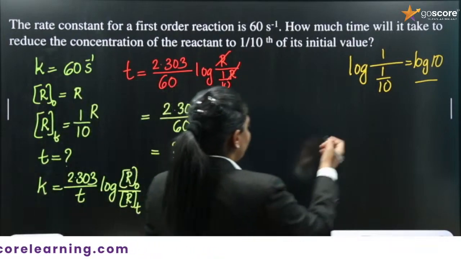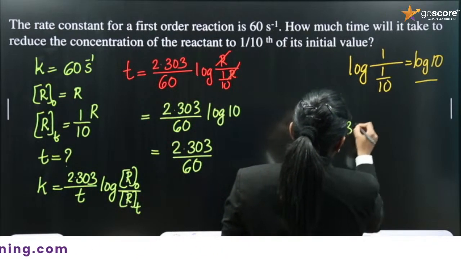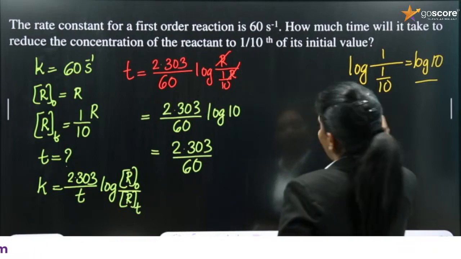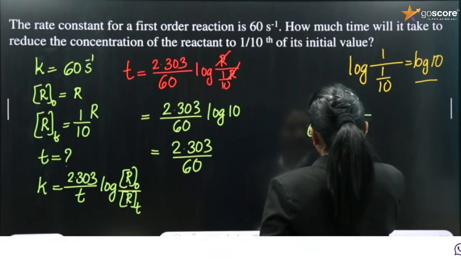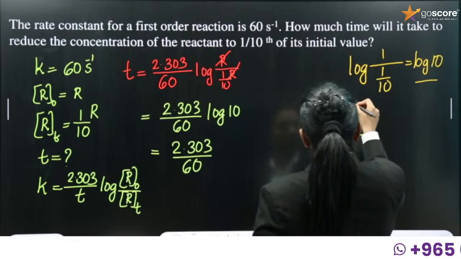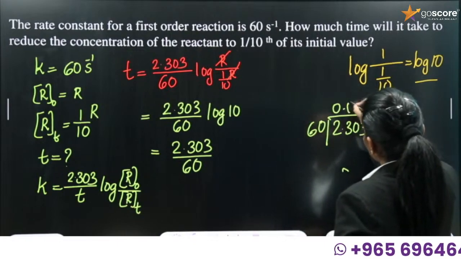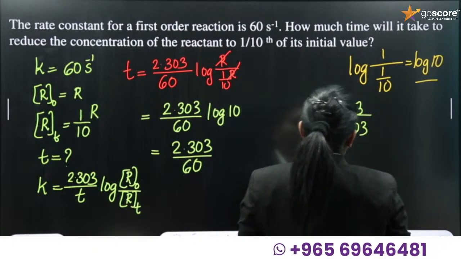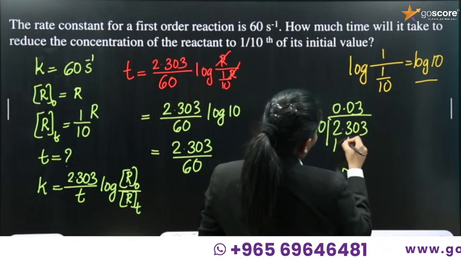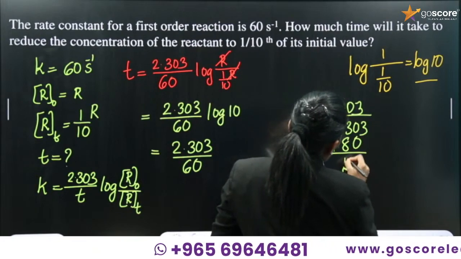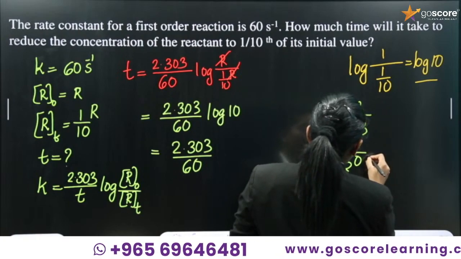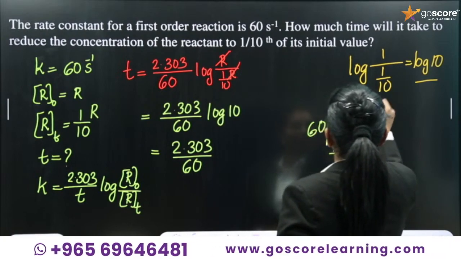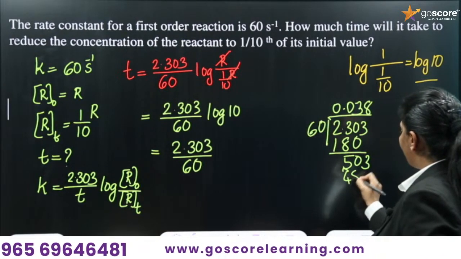Okay. So if you do the calculation, 2.303 by 60, how will it be? 0.0, then 3 6s are 180, 8 6s are 480, right?